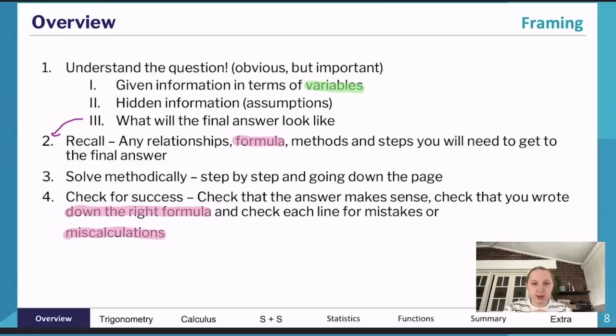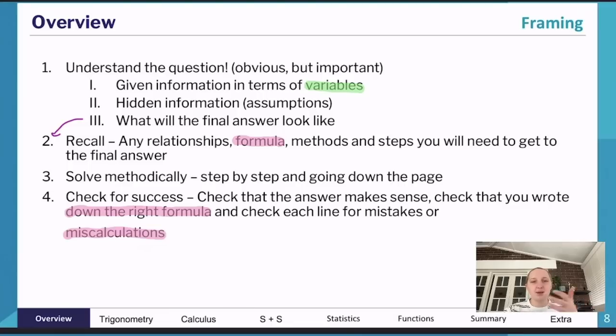A lot of people don't check; they feel confident with their answer and then they never go back and look at it. But they've accidentally written down a plus instead of a minus, and then all of a sudden everything after that line of working is wrong. So just going back and checking for those little things can be so good in helping you get those extra marks. So make sure you do that, and then look for those slight miscalculations.